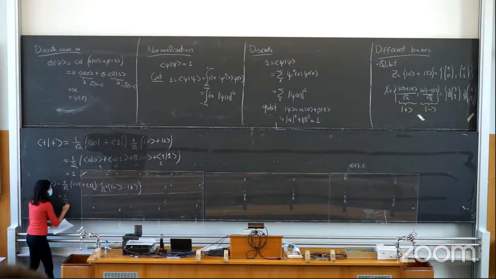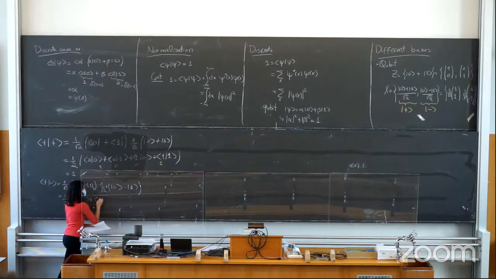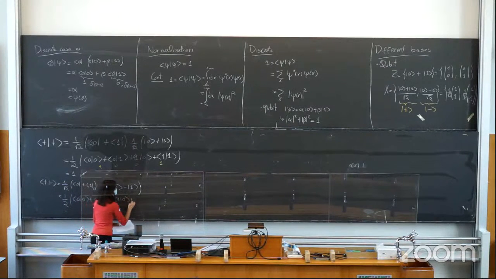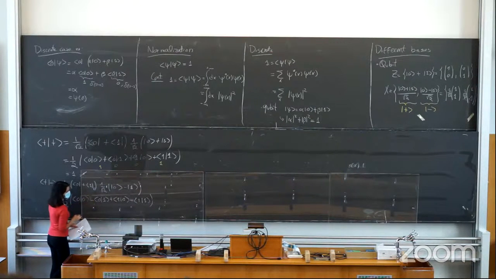So we get 0, 0, 0, 1, 1, 0, minus 1, 1, and there's another minus hidden here.